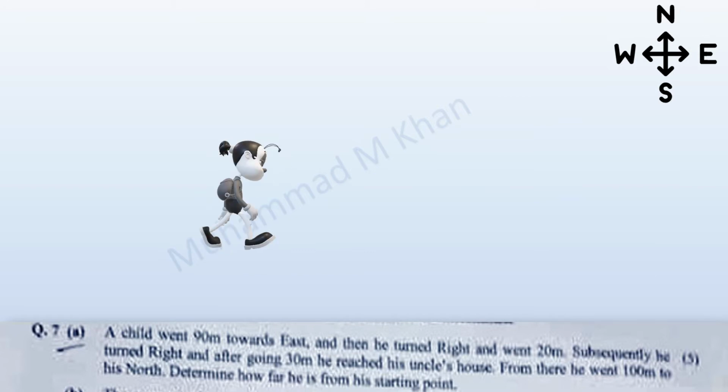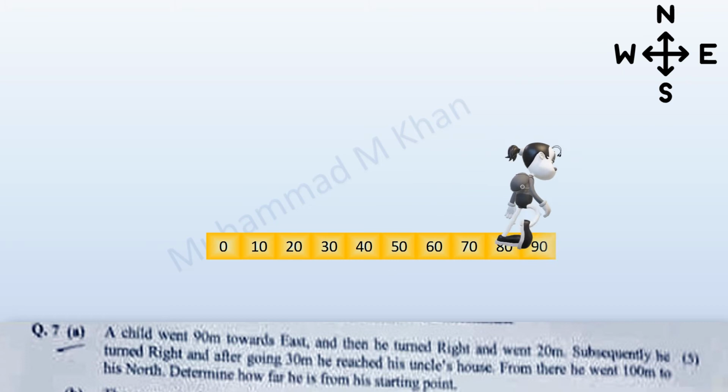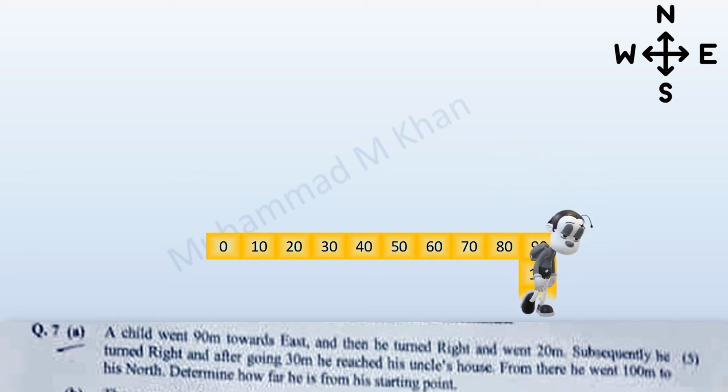The question states that a child went 90 meters towards east. So that's a child going 90 meters towards east, and he took a right turn. When somebody is facing east and he turns to his right, then he will be facing towards south, and he went 20 meters in the direction of the south.